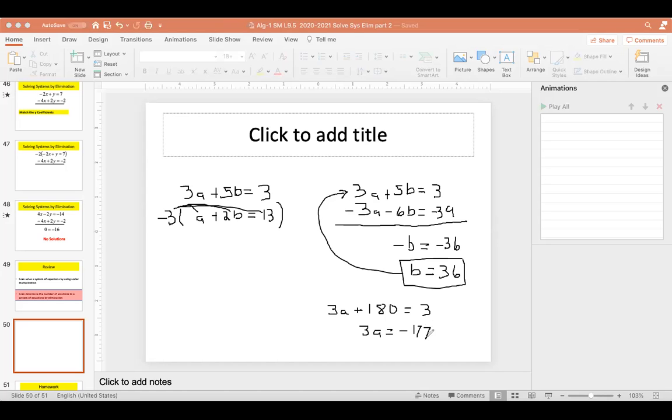Let's see, 1 plus 7 plus 7 is 15. It is divisible by 3. So A is going to be equal to negative 59. And your final answer is to write it as A comma B. So your final answer is negative 59 comma 36.